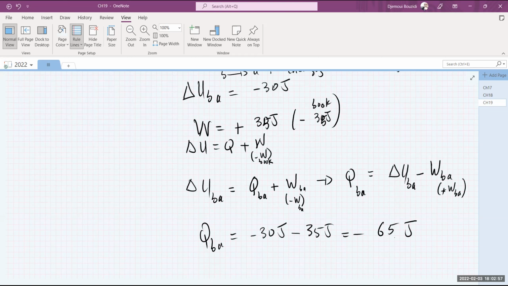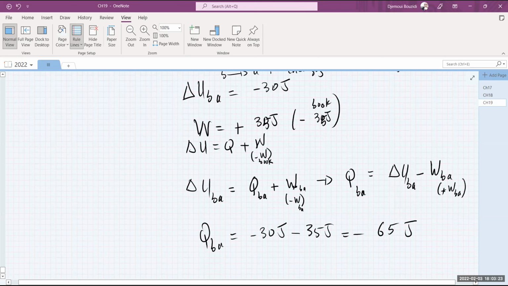So that negative in this expression is true for both expressions, because the way we wrote it, W is positive because we're doing work against the gas. We're adding energy in the form of work. That's why W for us is positive. And when you move it to the other side, it's going to be negative because that's how algebra works.